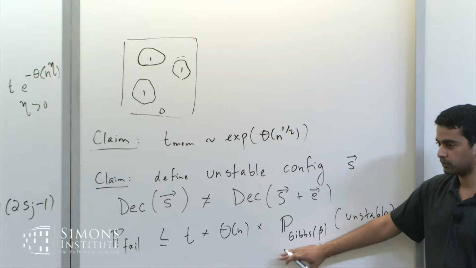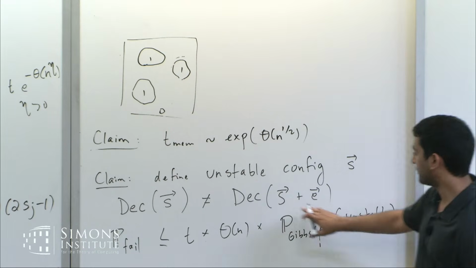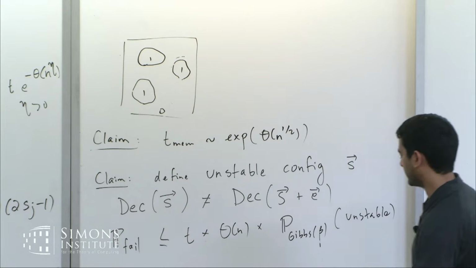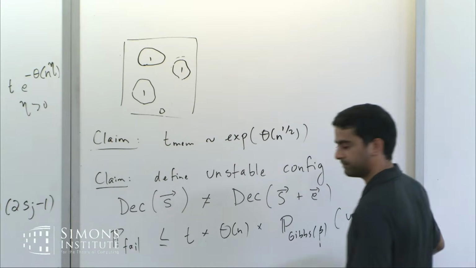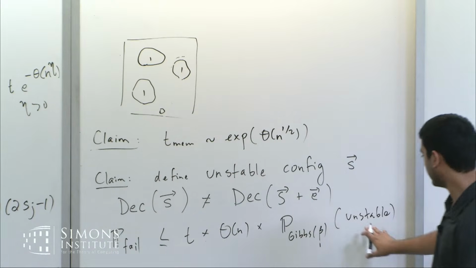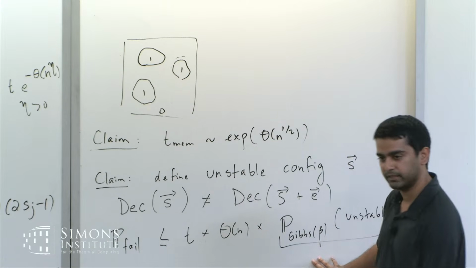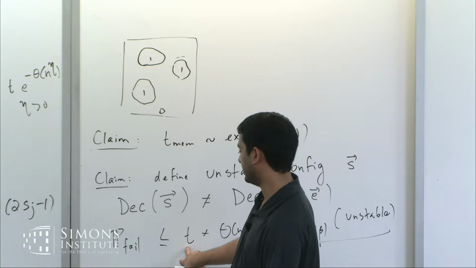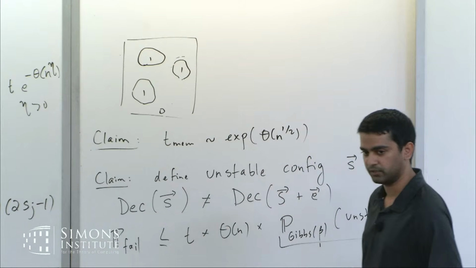So we compute the total probability mass of all unstable configurations under a certain decoder. This comes back to Nico's question: the decoder is a tool used to prove this mixing time value. And if you can show that this is exponentially small, then you're in business, because then you can show that the memory time is exponential in n to the 1/2.